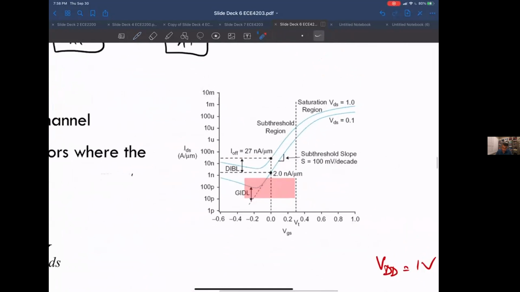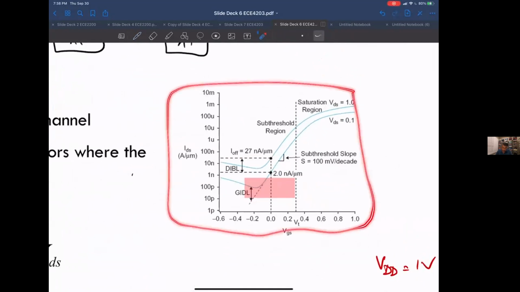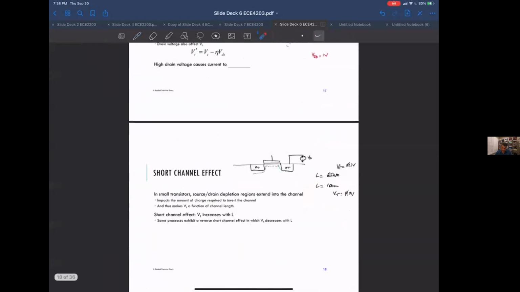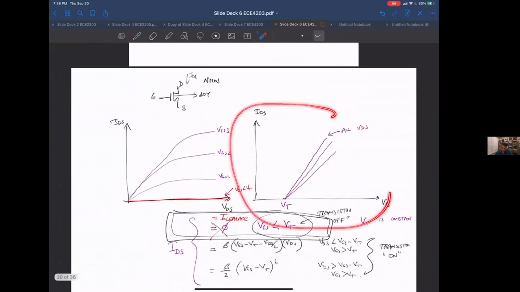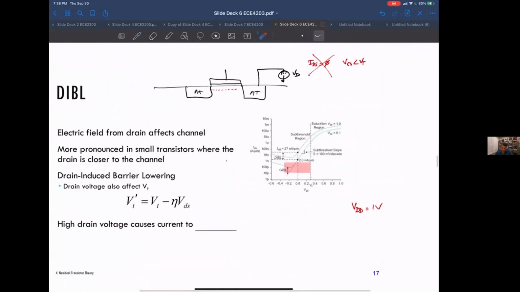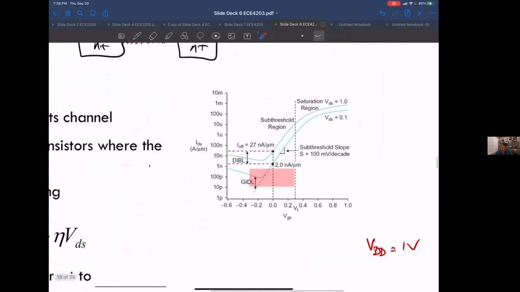Okay, you have to get a little bit used to this curve. This curve is VGS versus IDS. These curves still confuse me because you usually don't look at it this way. But it's the same thing, VGS versus IDS, but it's a log curve.